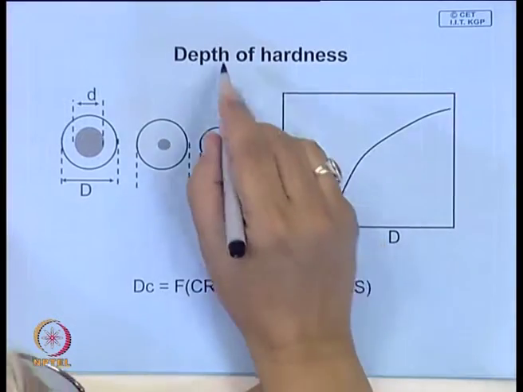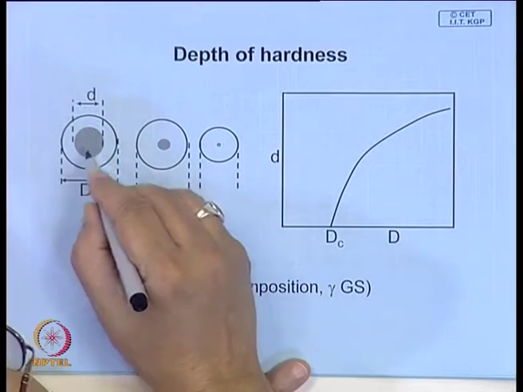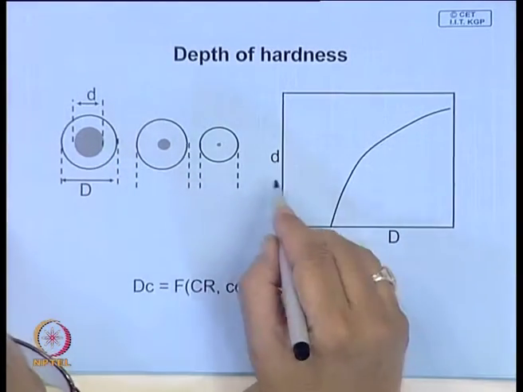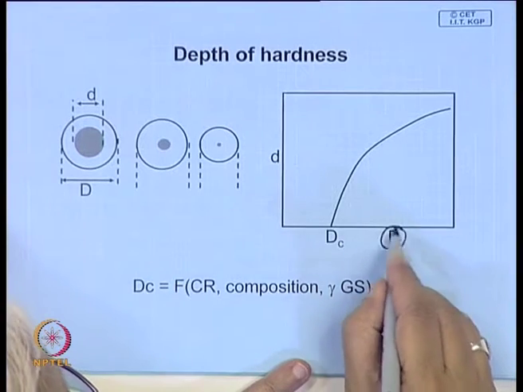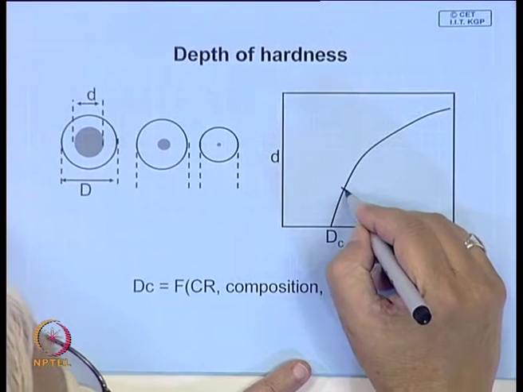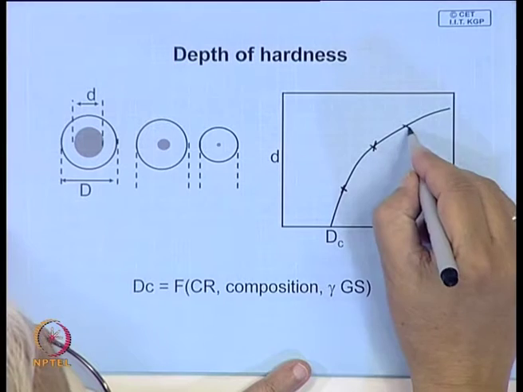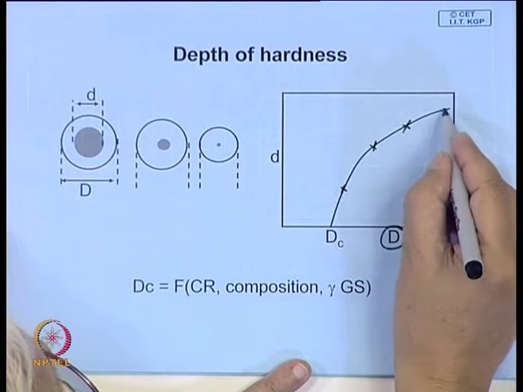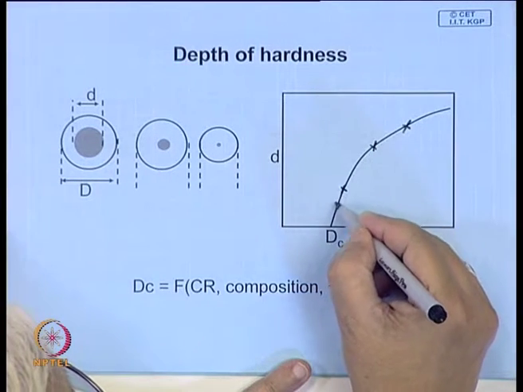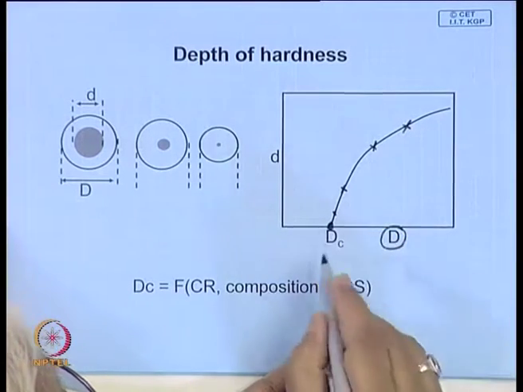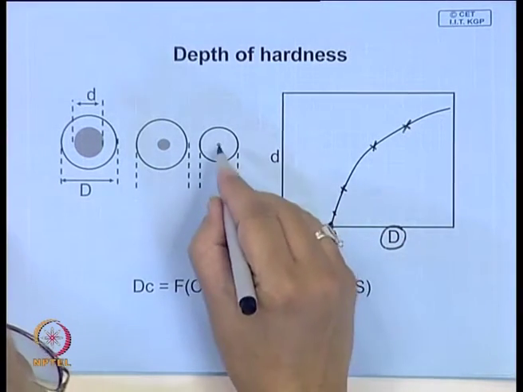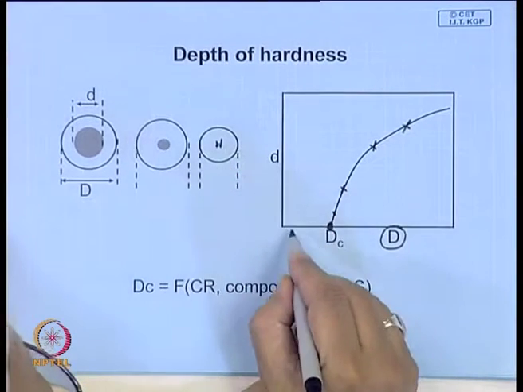If you plot this diameter against the diameter of the job, you get different points, a large number of them, and then you try to extend it to a region. Finally, you find this is the dimension where this d is 0.